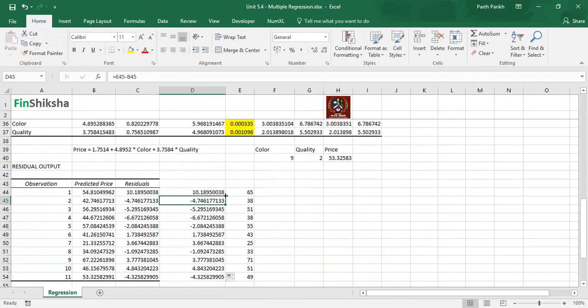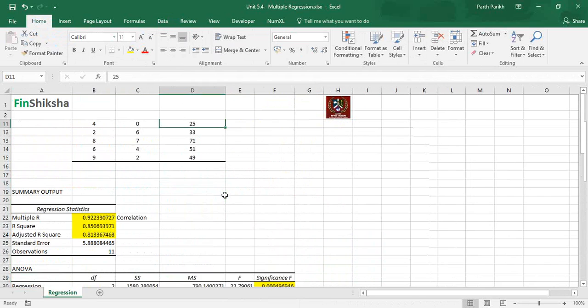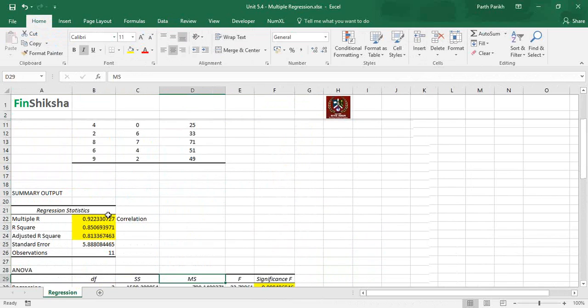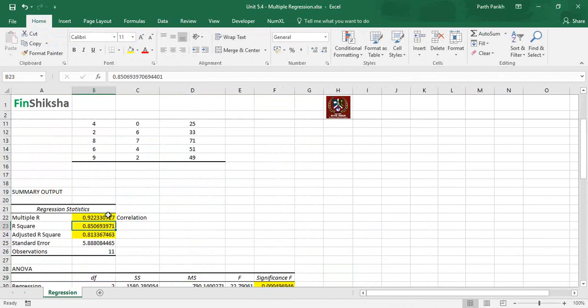Again, we have to look at three or four basic things. First, multiple R, which is a correlation, R square, and adjusted R square.